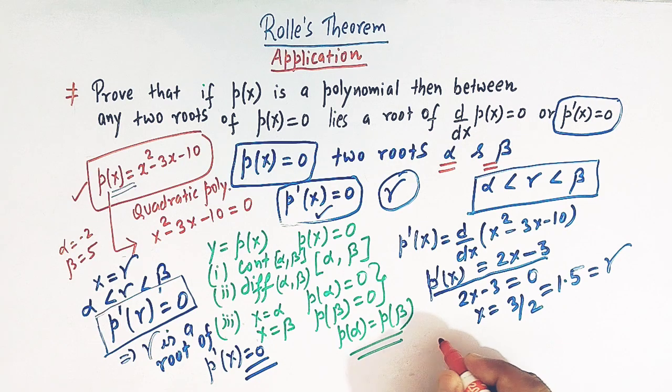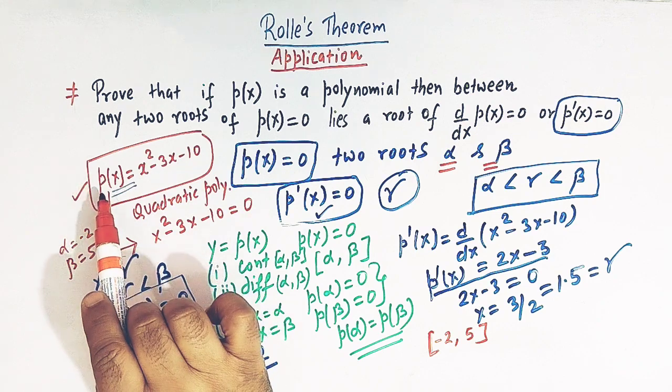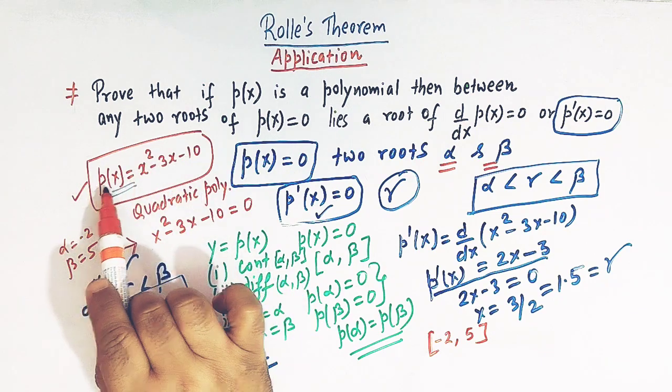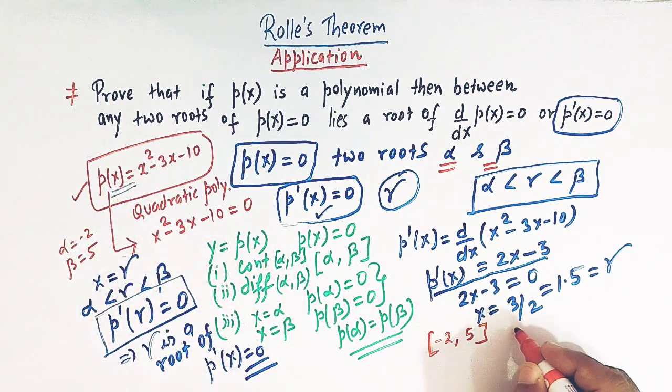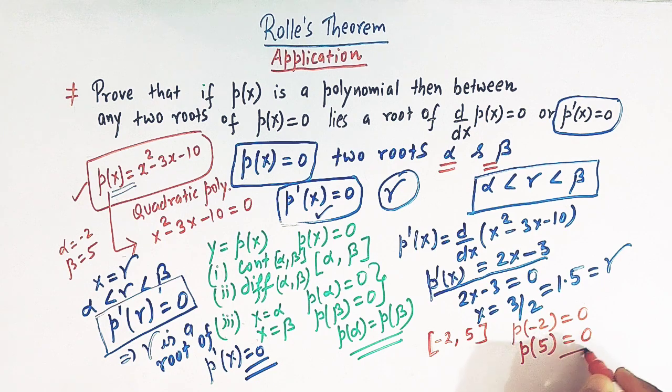So we have the interval minus 2 to 5, and we have seen that minus 2 and 5 were the roots of this polynomial. So p of minus 2 is equal to 0 and p of 5 is equal to 0.